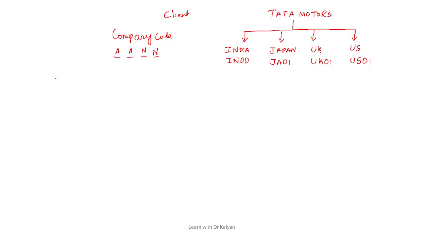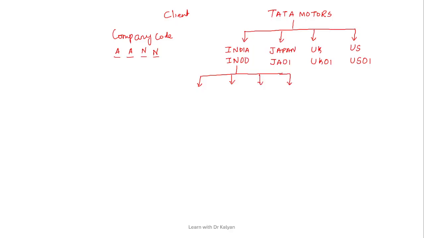Say, for example, under the Tata Motors company which is present in India, there are 4 different manufacturing facilities or plants. 1, 2, 3, 4.